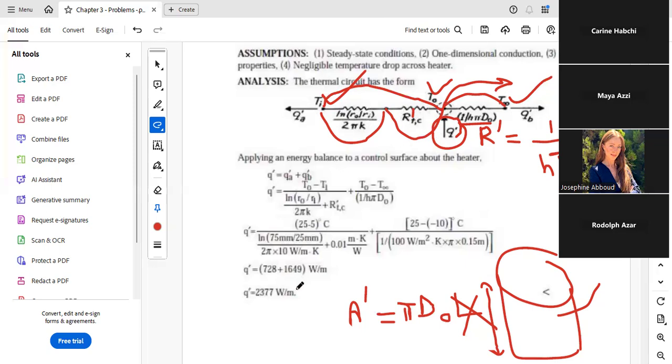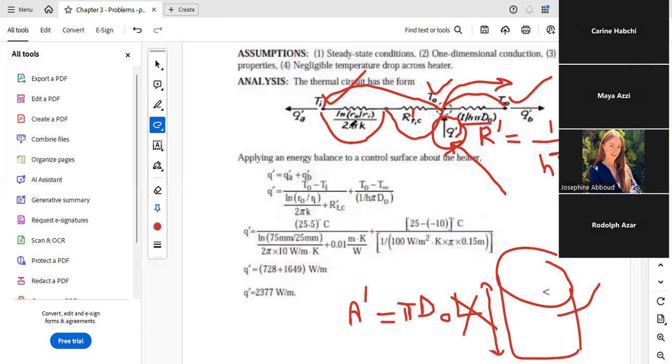And then we will obtain the value of Q prime, okay? So once I get the value of Q prime, I can solve for what is unknown. That is, when I get Q prime, I solve for what should be the heat power supplied per unit length in order to maintain the temperatures as required at 5 and 25 degrees.